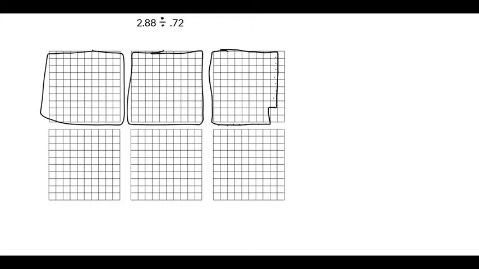Yep. Okay, so now I'm dividing by 72 hundredths. So I could say there are going to be some amount of groups that each have 72 hundredths. I could start with black, and I could do a group of 7 tenths. So 1, 2, 3, 4, 5, 6, 7, and then I have 2 hundredths over here.